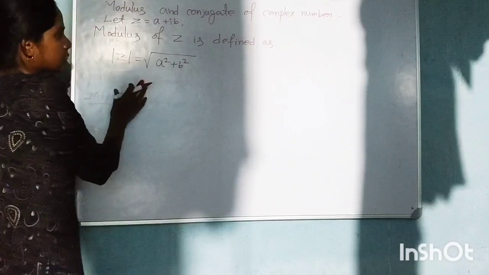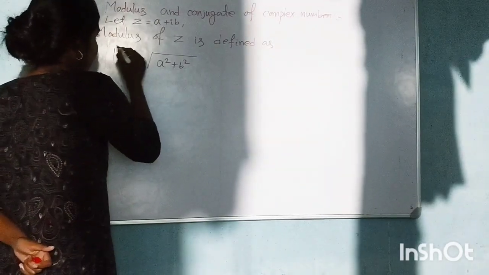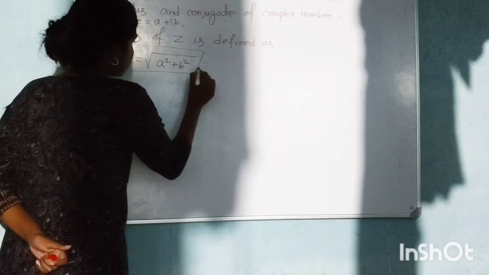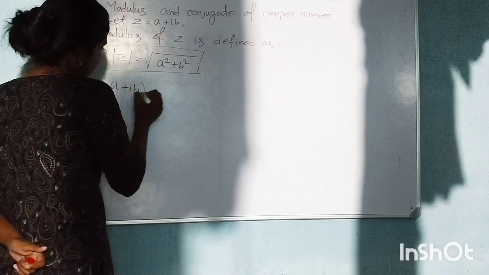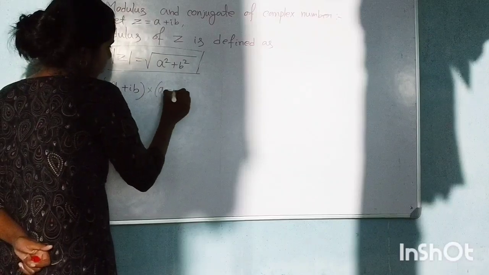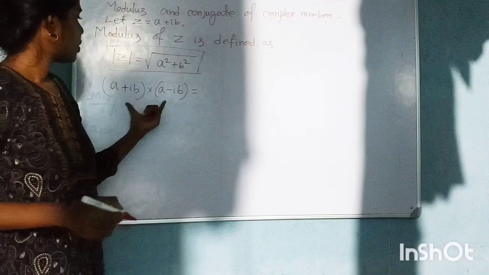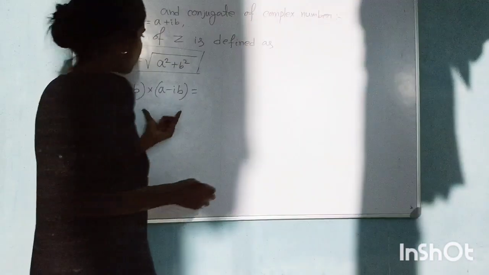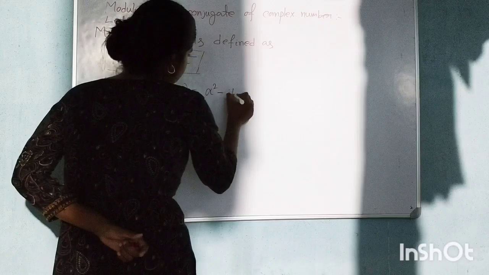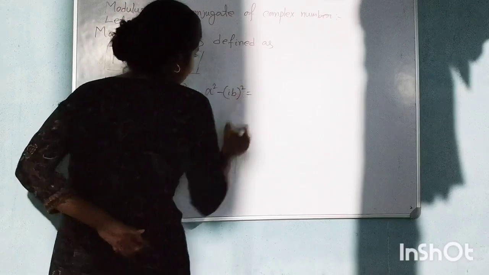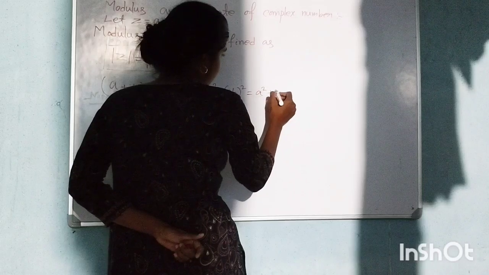In multiplication, we have already seen that a plus ib into a minus ib, after multiplication, what are we getting? a square minus ib whole square. So i square means minus 1, it is a square plus b square.